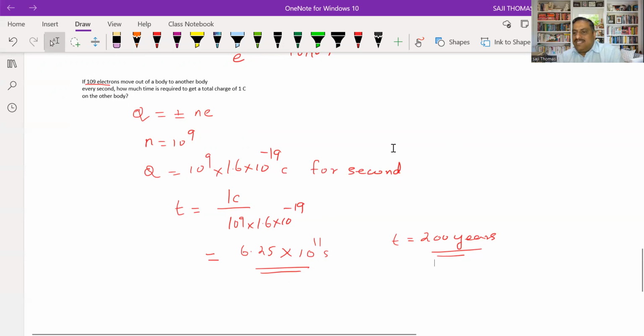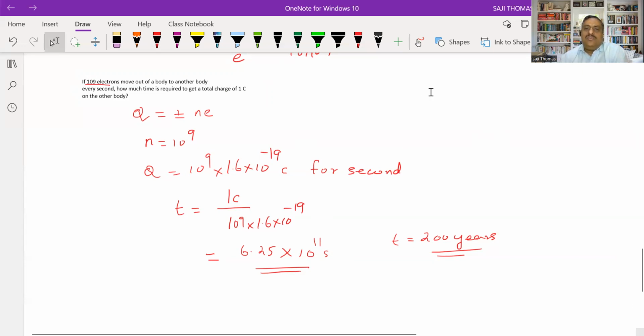Second body should receive 1 coulomb charge. How much time is needed? That is the question. So time is 1 coulomb divided by how much charge is transferred in 1 second, 10 raised to 9 into 1.6 into 10 raised to minus 19. So you get 6.25 into 10 raised to 11 seconds. So answer is 200 years.